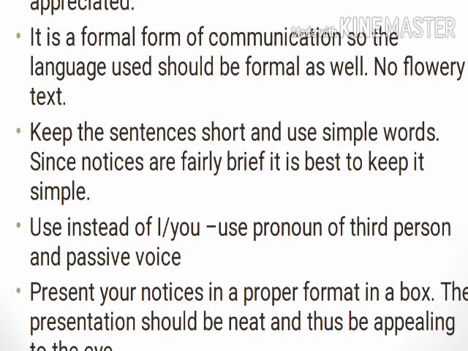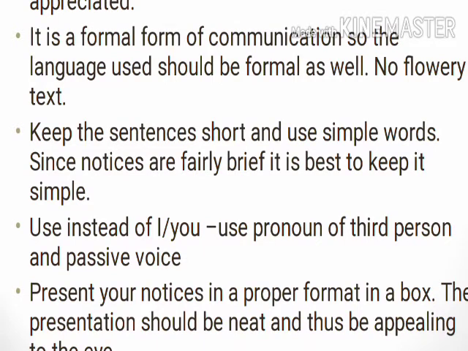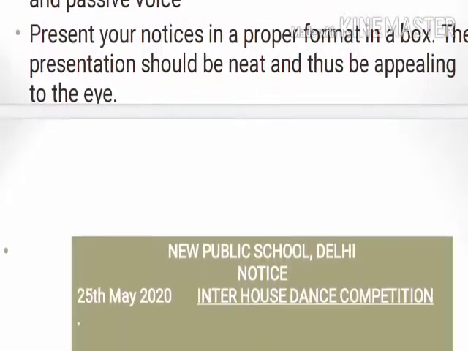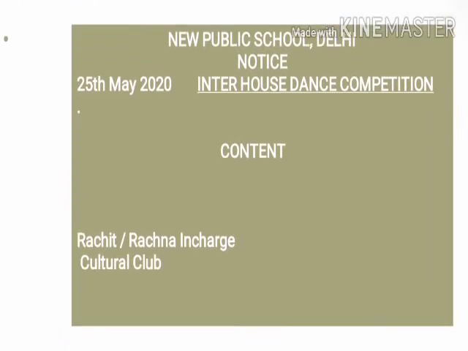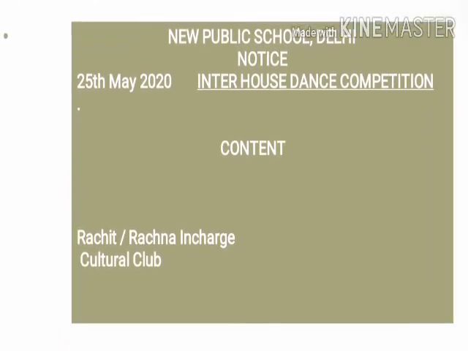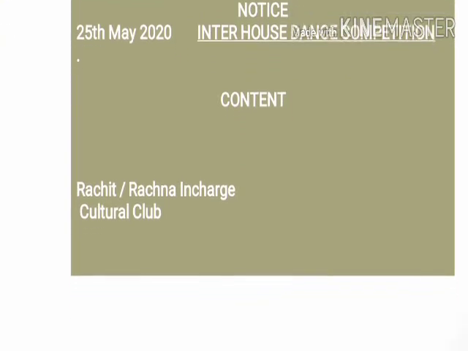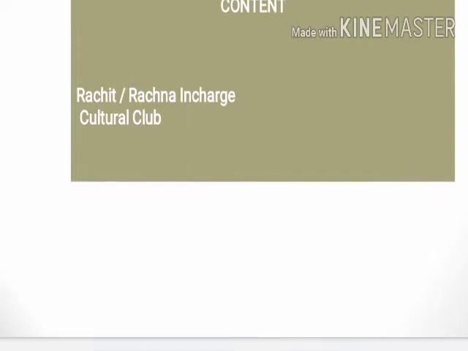Now, you see a format of a notice is shown to you here. As I said, the format includes the name of the organization, notice, title, then on this left hand side, date, then the middle part is the content. And who has given the notice, who has brought out the notice, name of the person and the designation.